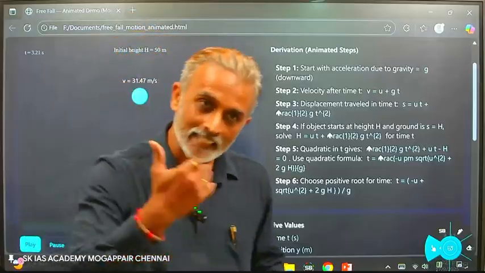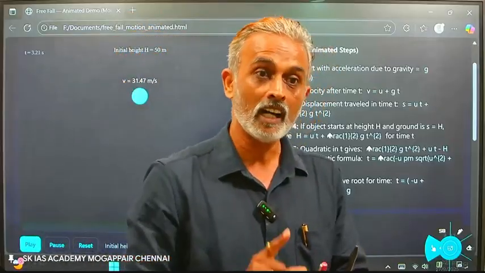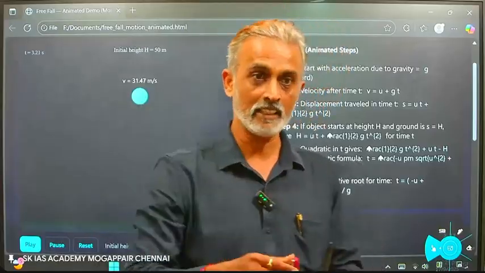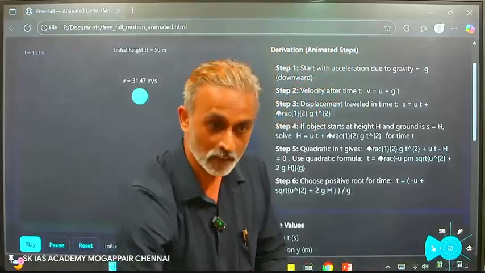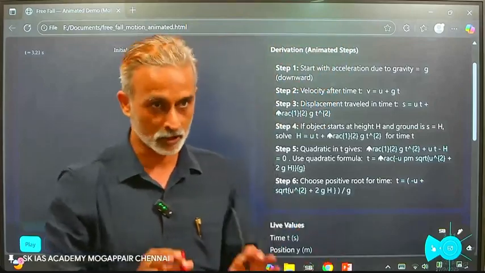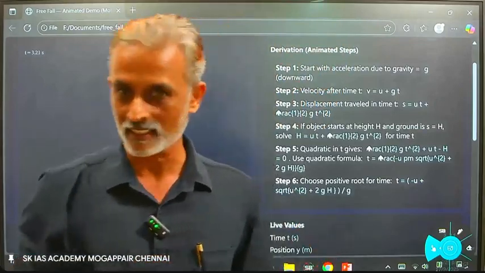Why is it minus g? Because it is going against the gravity. It is coming down supporting the gravity, so we call it plus g.